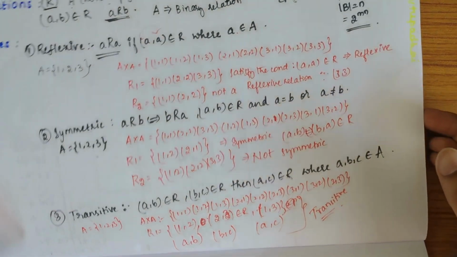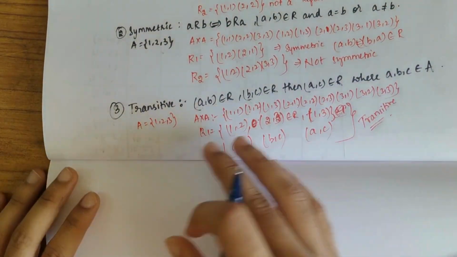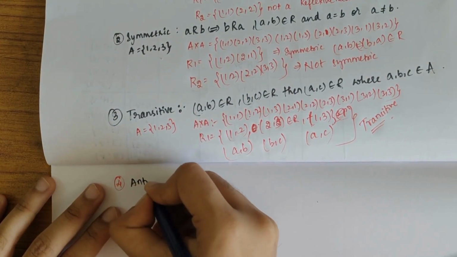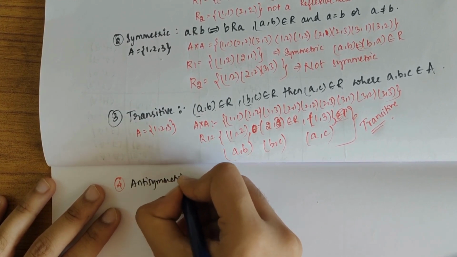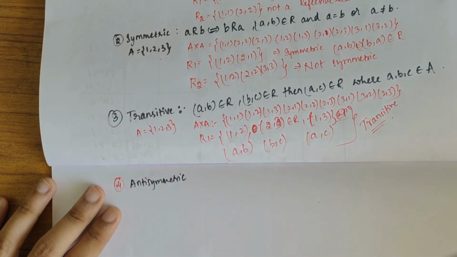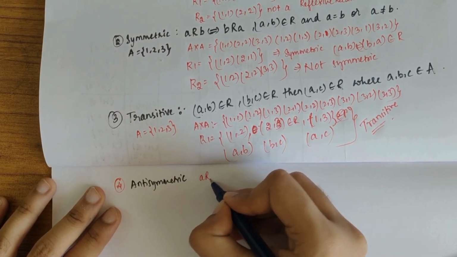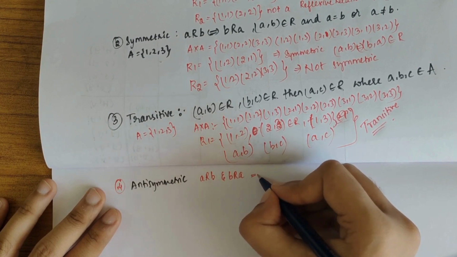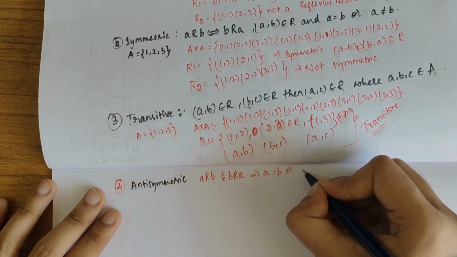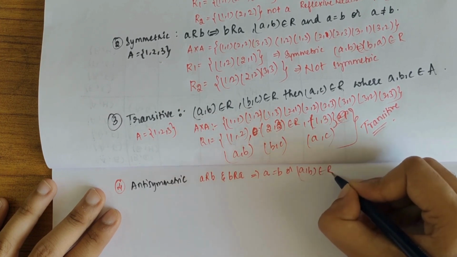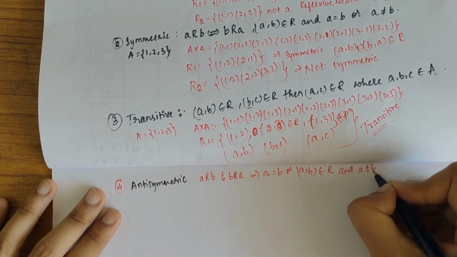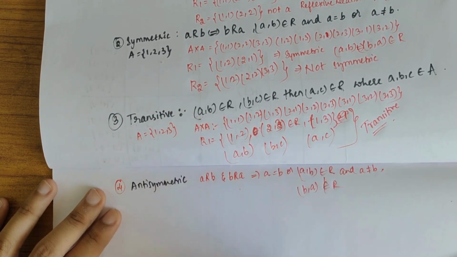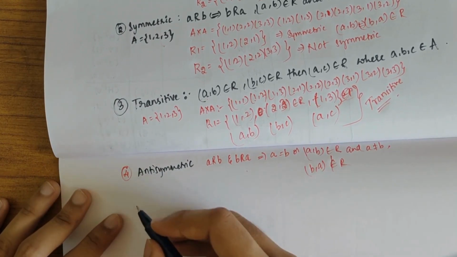Next we have antisymmetric. The antisymmetric topic is pretty simple. A relation R is said to be antisymmetric if a related to b and b related to a implies a is equal to b; that is, if (a, b) belongs to R and a is not equal to b, then (b, a) does not belong to R. Let's take an example.